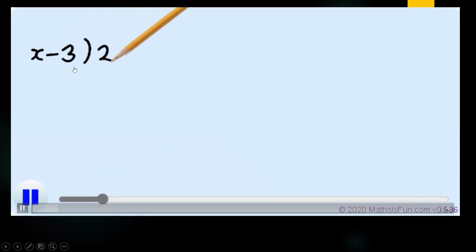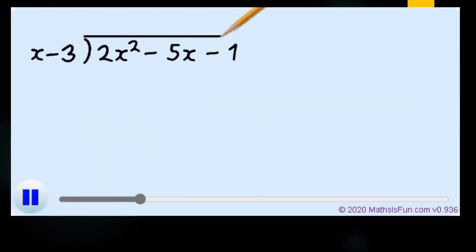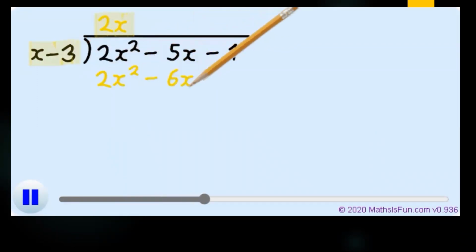So you must use the long division. Let's see. Here we have 2x squared minus 5x minus 1 over x minus 3. If you try to simplify them, you will see that you cannot. So you need to use the long division.